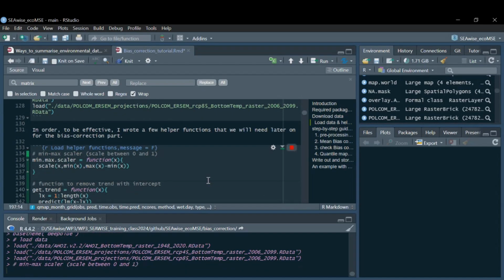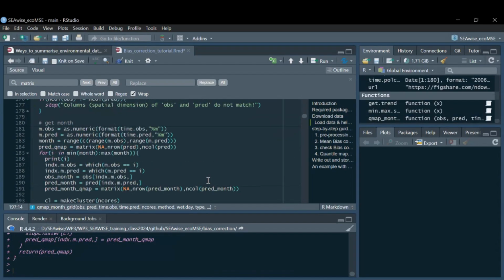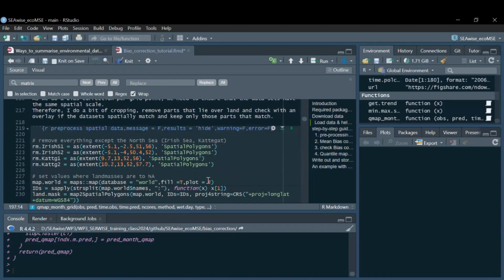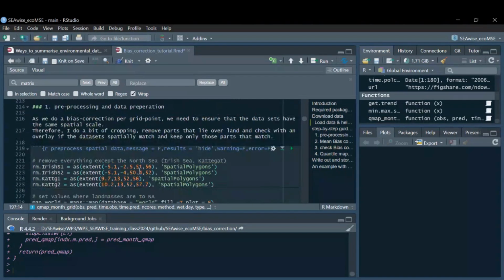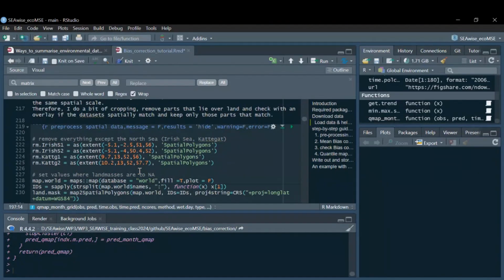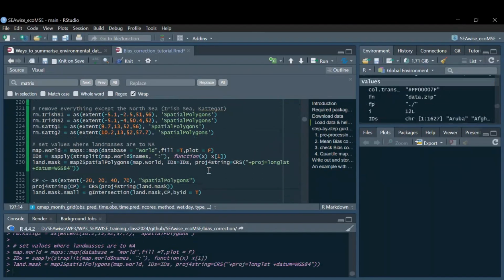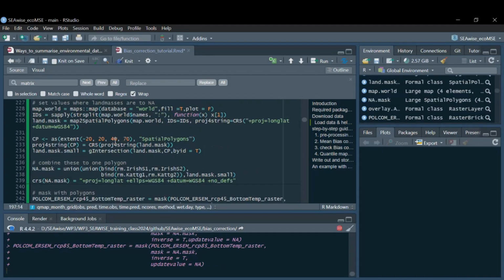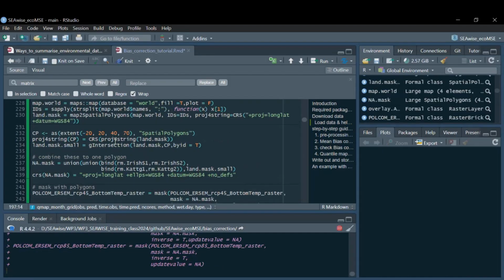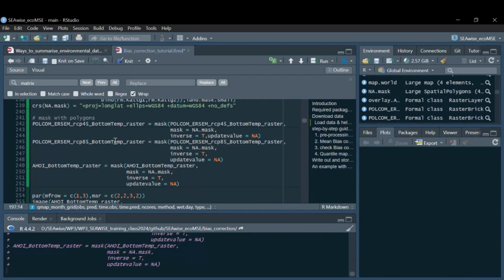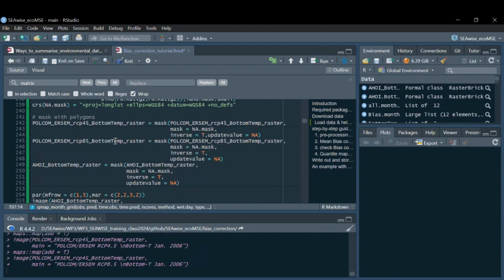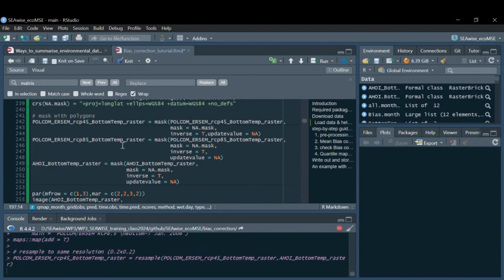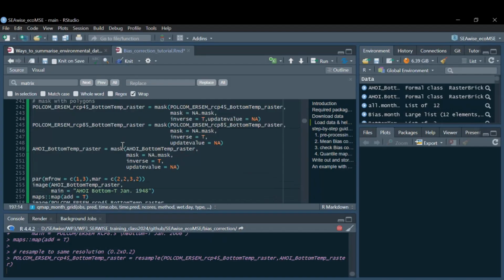We just build those, and we do the same as we did for the other tutorial. We do some pre-processing, like removing some areas that we are not interested in, like the Irish Sea and the Kattegat, and also the landmass cropping. And we do it for all three data sets, for the historical period and for our projections.